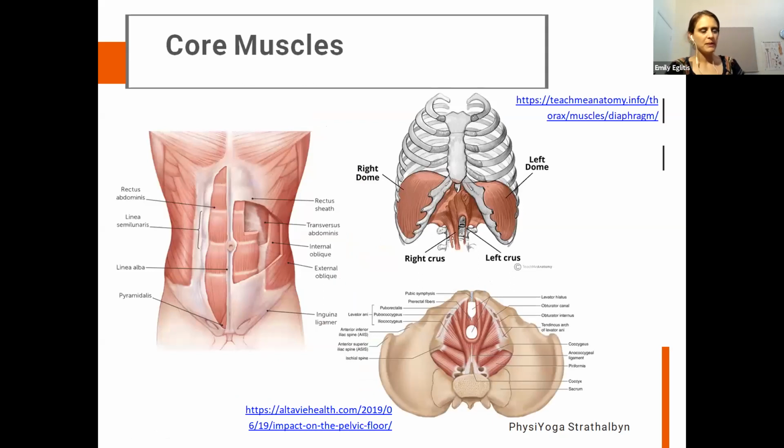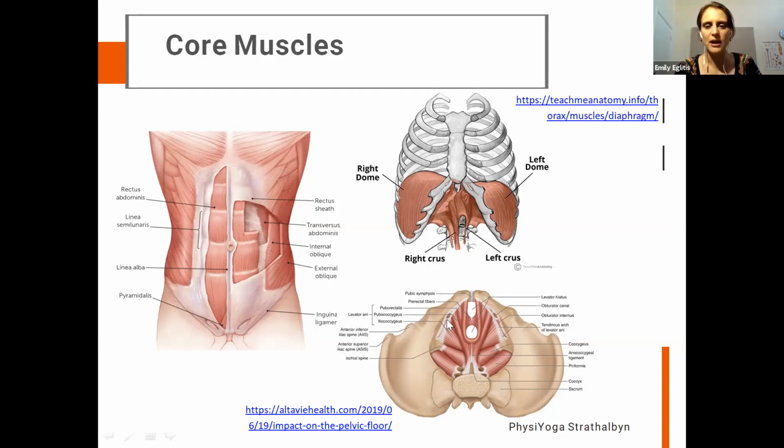But we would be very remiss if we just talked about the abs. We'll finish talking about the abdominal connections in a second. I just wanted to point out here that the core is almost like a canister or a can. It has a front and it has the back muscles, but it also has a top in the diaphragm, which attaches to the last thoracic vertebra, T12, as well as the top 2 lumbar vertebrae.